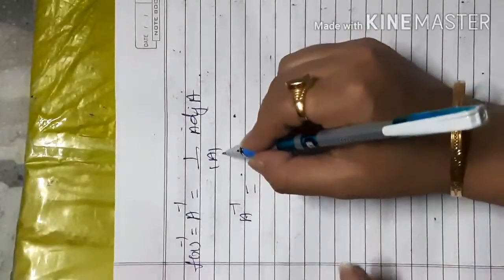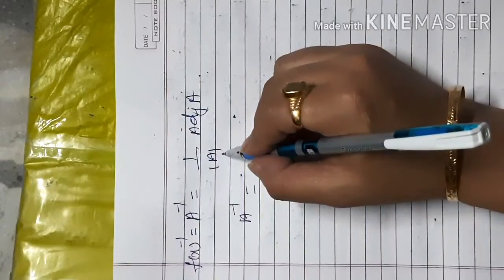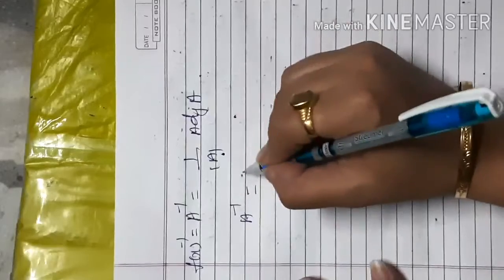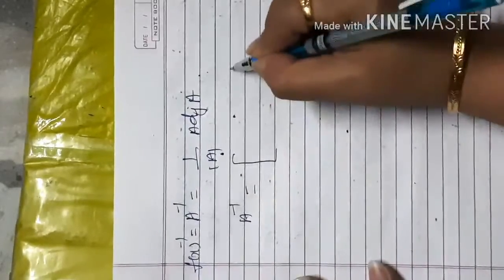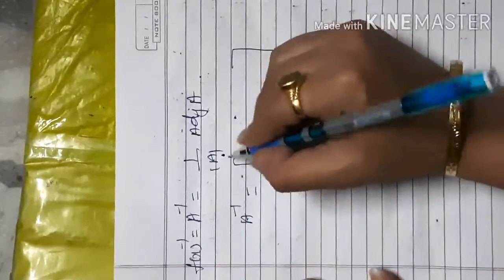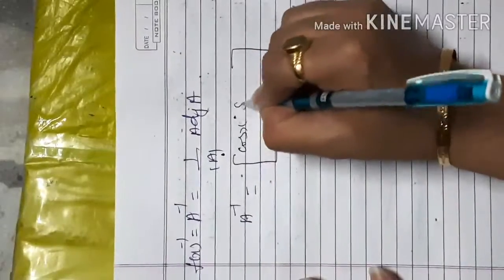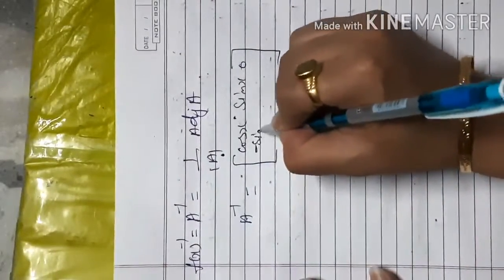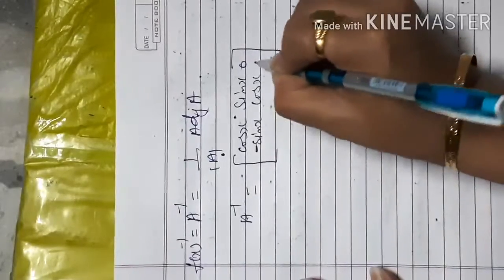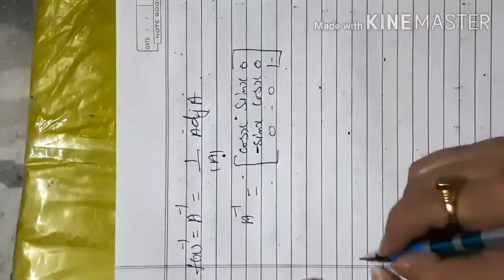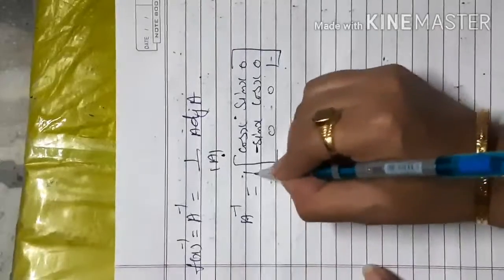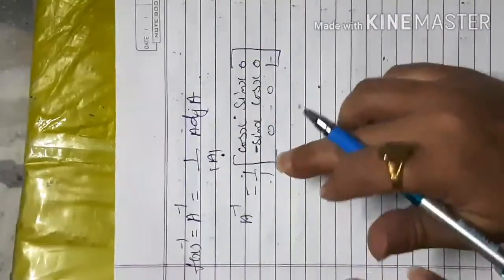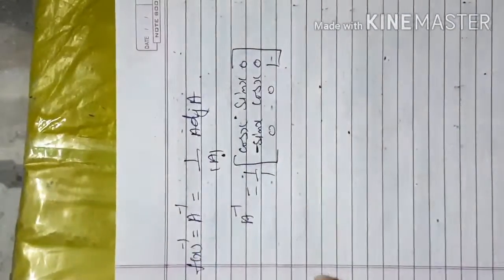Now here the determinant value we already found is 1, and now we just write whatever we found as the matrix of adjoint A. So that is cos x, sin x, 0, then minus sin x, cos x, 0, 0, 0, 1, and the determinant is 1. So if you check this one, this is f(x) inverse.